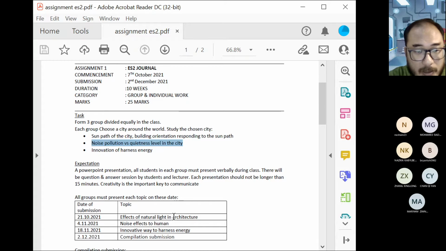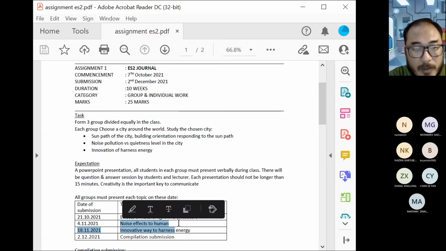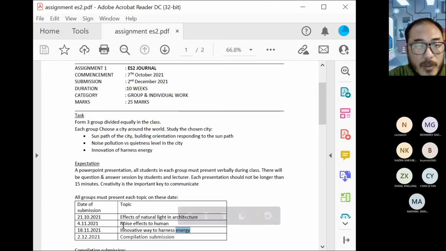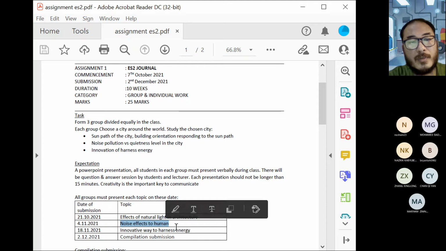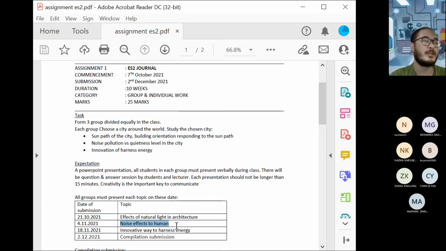And then the noise effects on humans. Noise effects on humans are general, effects in the short term and long term. There are two types of effects that you need to find out. Noise effect on humans is not necessarily about people in Dubai or in Beijing, but in general can apply to anyone.